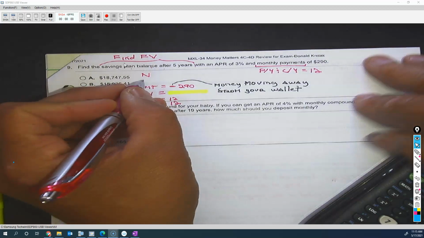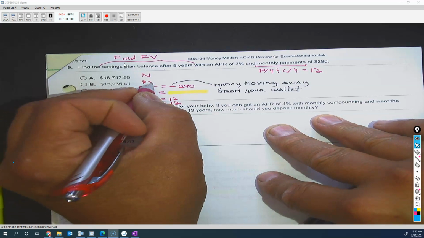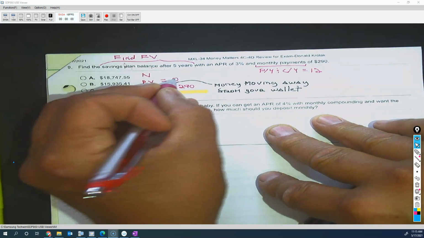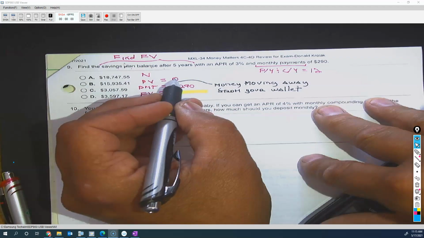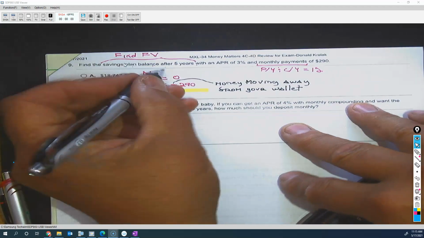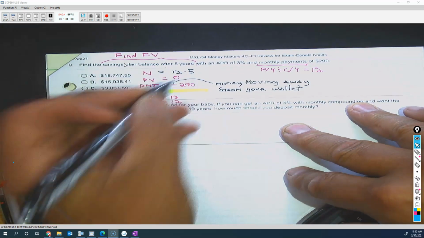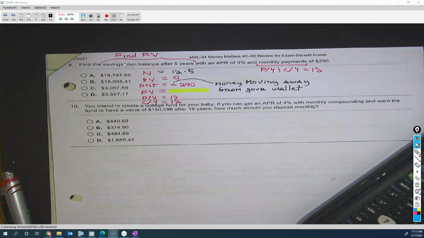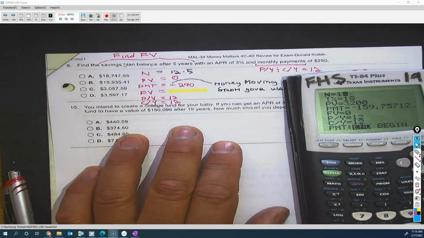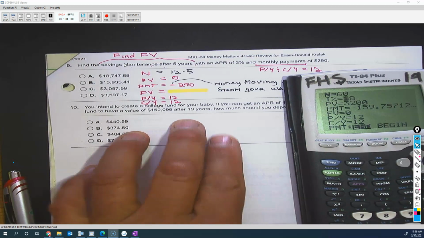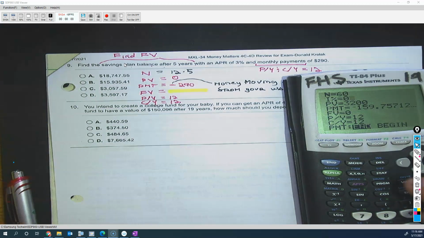Okay, let's see. PV is 0 because you're starting. That's what your starting balance is, 0. And then let's see. This is going to be 12 times 5. There it is. Okay. So let's see. 12 times 5. Whoop. I forgot my interest.